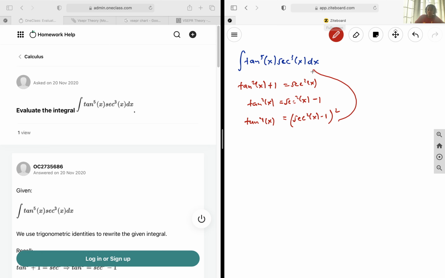And then we're going to plug this in and just replace tan to the power of 5x as tan to the power of 4x by tan x. This is going to leave us with the integral of secant squared x minus 1, squared, multiplied by tan x multiplied by secant cubed x dx, I believe.